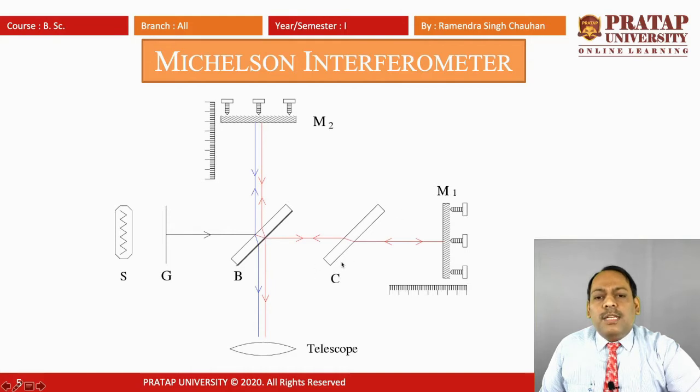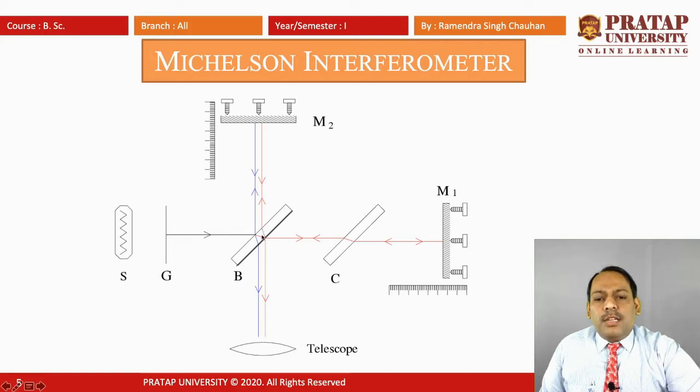And if this plate C, or compensator C, is not there, then in the ray which is transmitted towards mirror M1 there will be no plate, and this additional path equal to the thickness of the beam splitter plate will give some unnecessary pattern, some error, because of this unnecessary path difference.